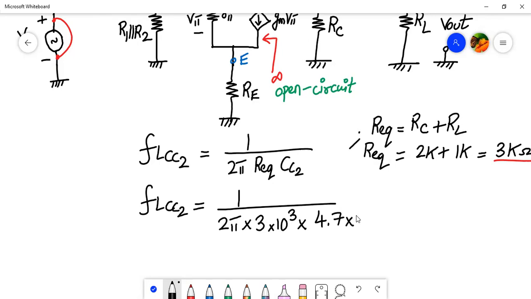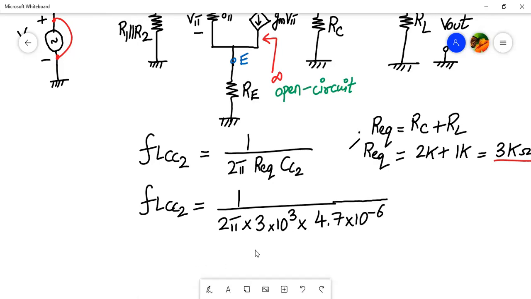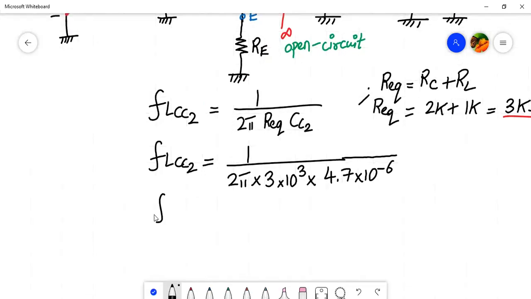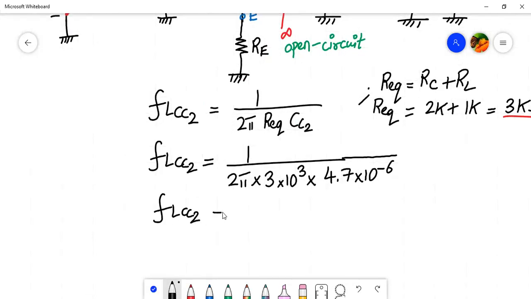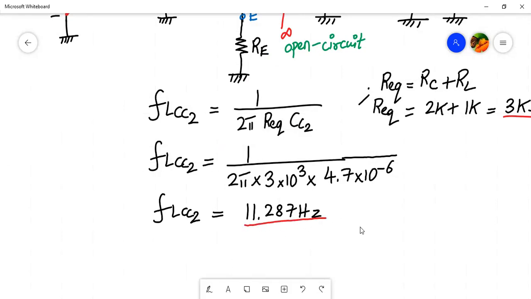So 4.7 into 10 raised to minus 6. So if you work it out in a calculator, you will get the value of FL of CC2 as approximately equal to 11.287 hertz. So that's the value of FL of CC2, right?